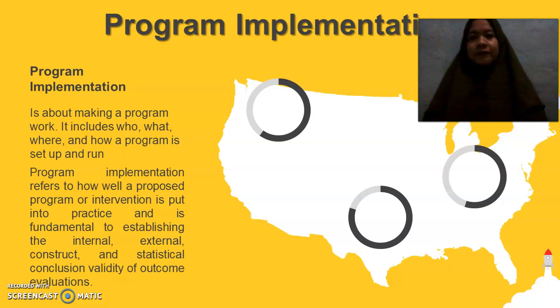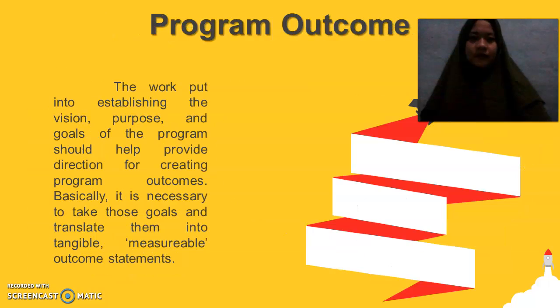So before we finish the program, we should do the program implementation, where the program is being carried out by the researcher. So it is directly being practiced. So it's not only theory.